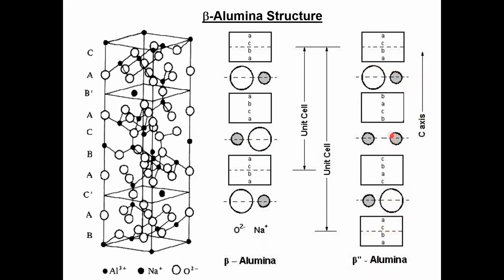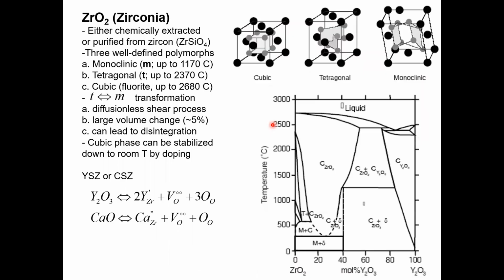So beta double prime alumina is slightly a better conductor than beta alumina, but they're both good conducting materials. And the activation barrier for this material is of the order of 0.17 electron volt. Not as good as silver iodide, but 0.16 electron volt is not too bad either. The other type of superionic conductor is the so-called stabilized zirconia.